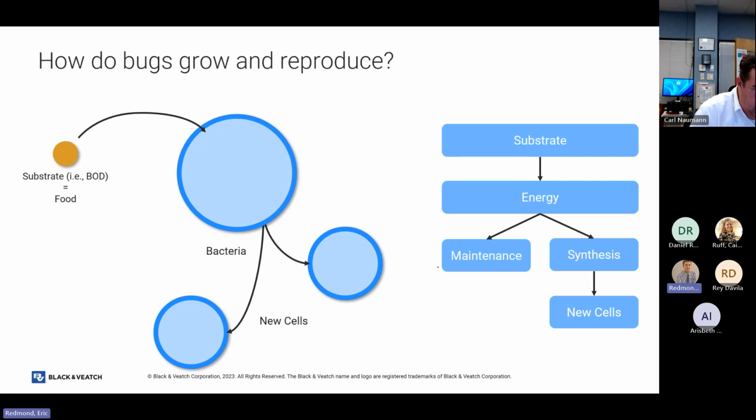They'll use any energy they have for maintenance. And if they don't have enough energy beyond that, you start to see decay, where bacteria start consuming other bacteria. We'll have endogenous decay, where we're breaking apart the system and decaying bugs rather than producing new bugs.